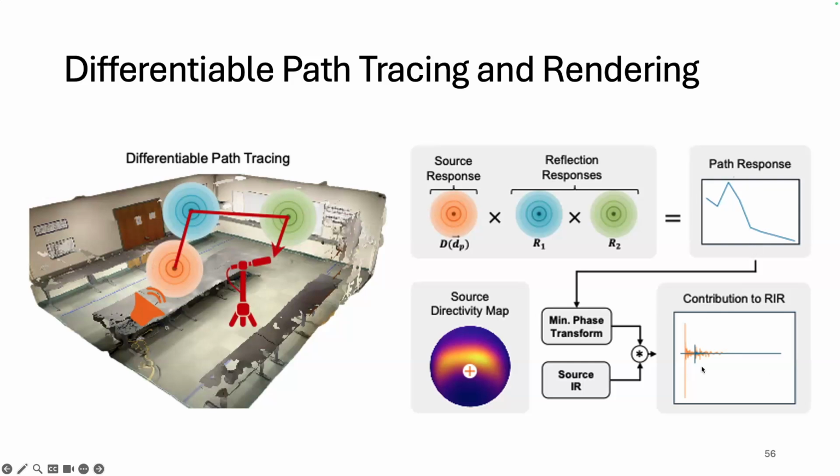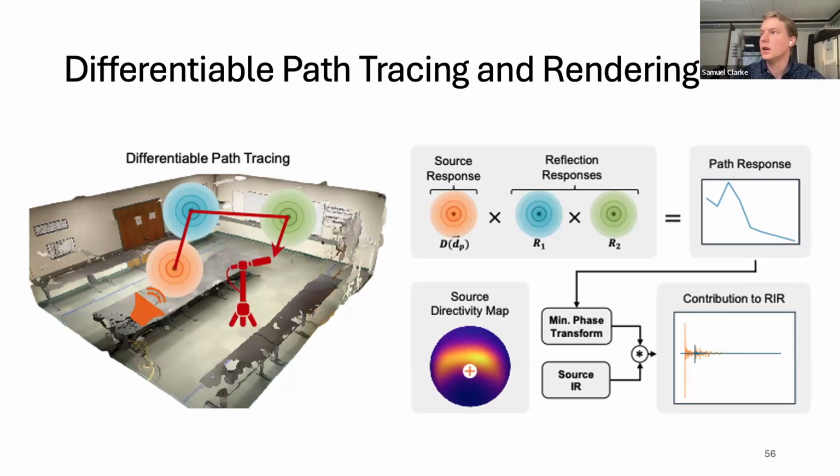You apply the minimum phase transform to each ray? Yes. Okay. So you at least model the time delay during the travel of each ray, but still the minimum phase is not optimal. Maybe, I don't know what model is accurate.